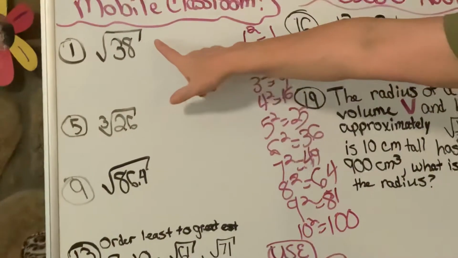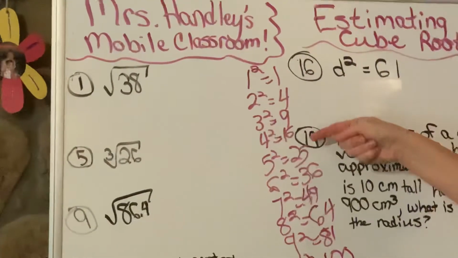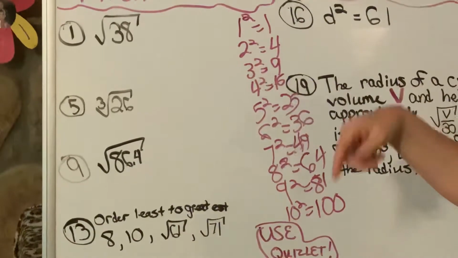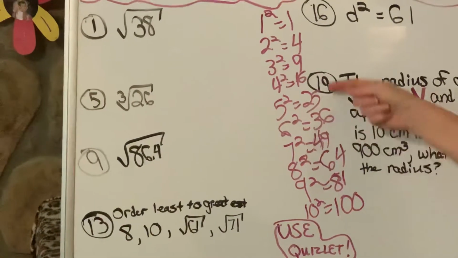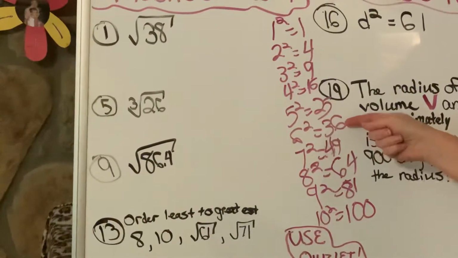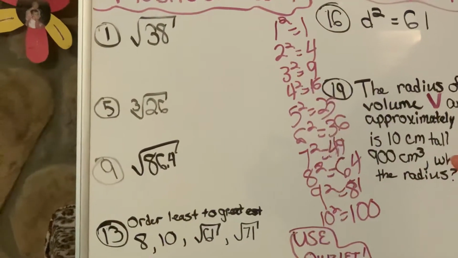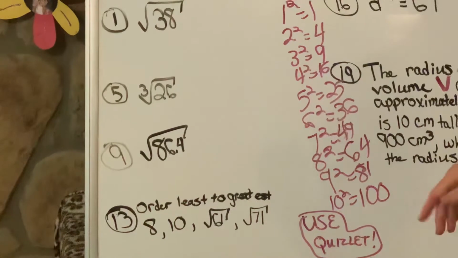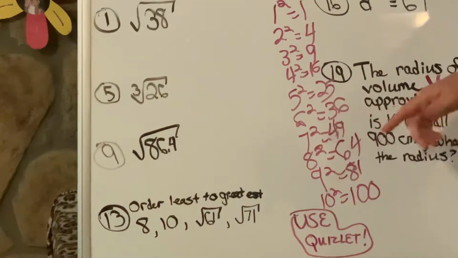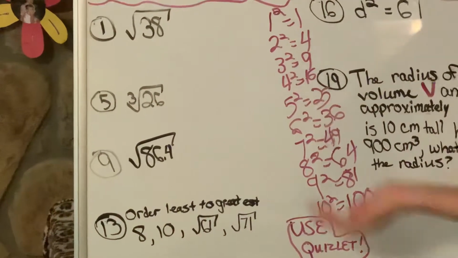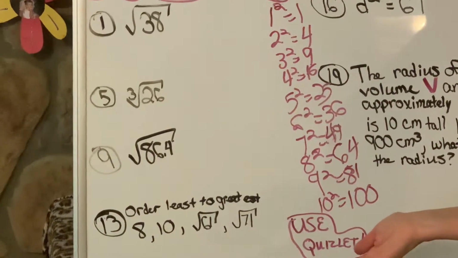Okay, so the square root of 38. You look in your list, or you think in your mind if you have them memorized, where does 38 fall? 38 falls between 36 and 49. Your directions were to estimate it to the closest integer. So you ask yourself, is 38 closer to 36 or is it closer to 49?